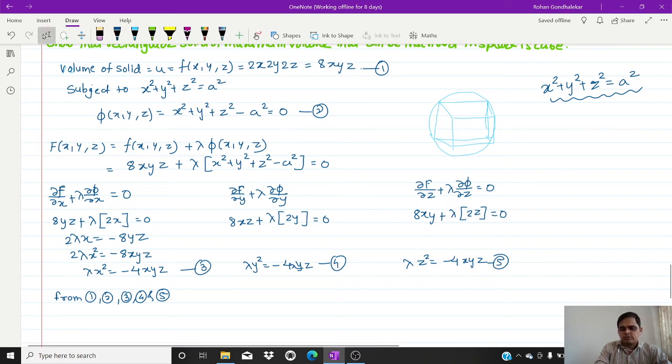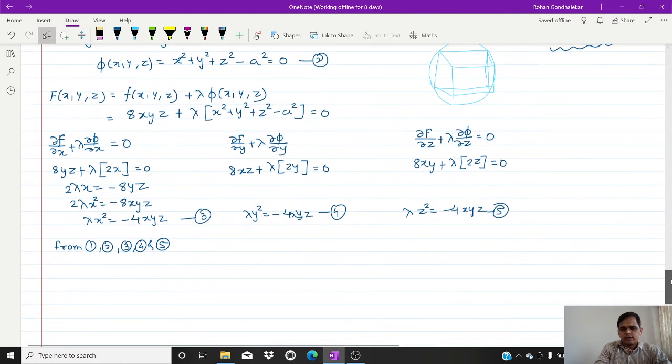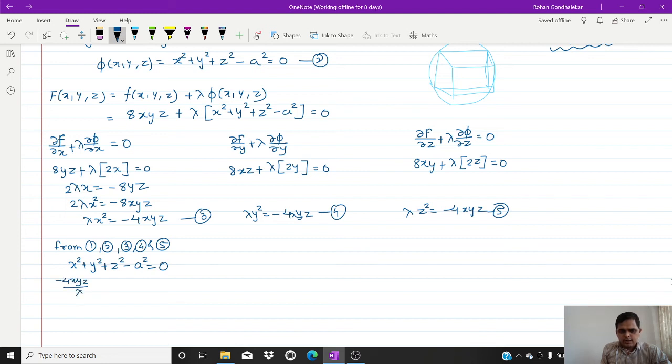If I go on substitute this value in equation number 2, then what I'll get? x square plus y square plus z square minus a square is equal to 0 provides me minus 4xyz upon lambda, minus 4xyz upon lambda, minus 4xyz upon lambda.